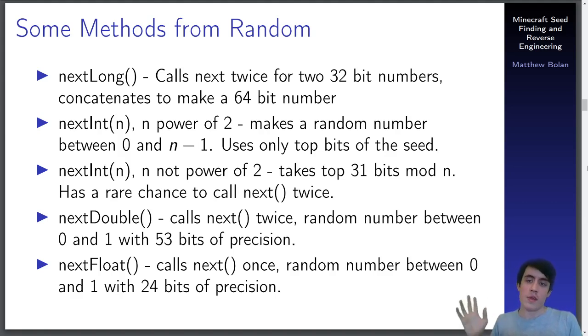There's next int with an argument of n, and that gives you a random number between 0 and n-1. And it has different behaviors whether or not n is a power of 2. But if we know what the arguments to next int are, we know how many times it's calling that internal LCG. And then we also have next double, which generates a number between 0 and 1, and next float, which generates a less precise number, a 32-bit float between 0 and 1.